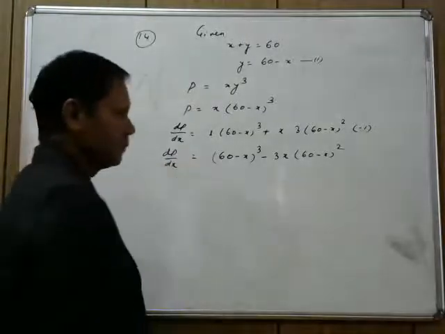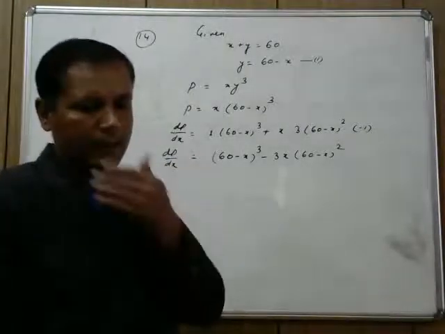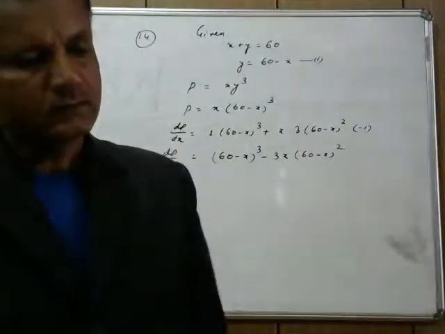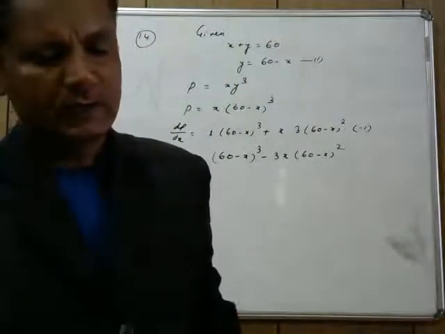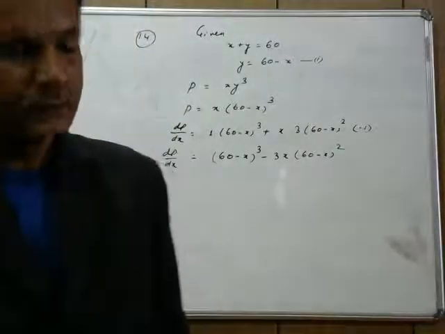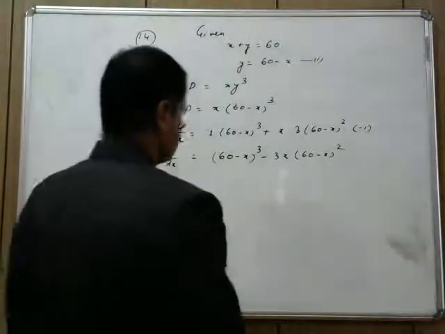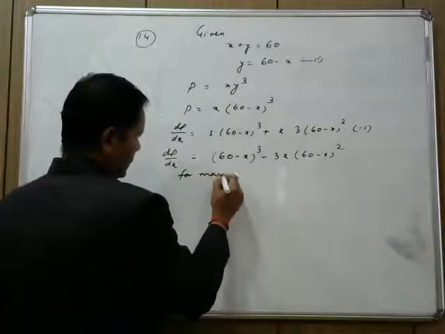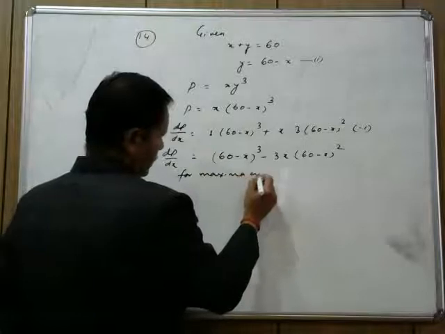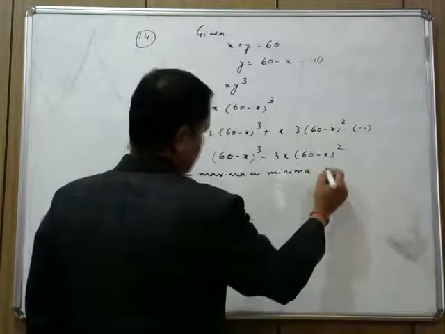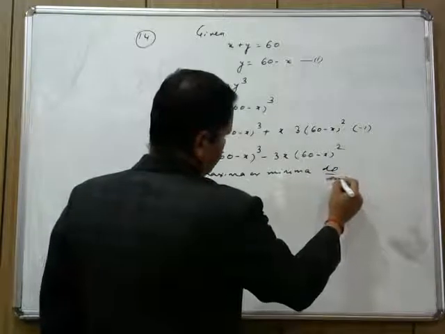For maxima or minima, we put dp by dx equal to 0, right? Therefore, for maxima or minima, dp by dx is equal to 0.